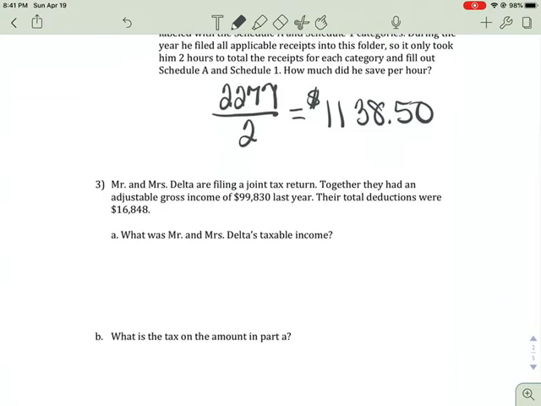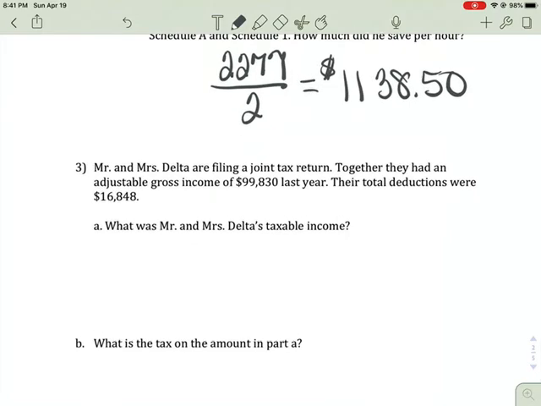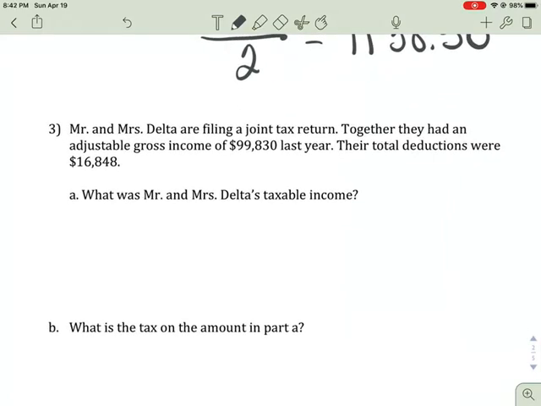All right, let's take a look at Mr. and Mrs. Delta here. They filed a joint tax return, and together they had an adjusted gross income of $99,830. Their total deductions were $16,848. Okay, so what is their taxable income?